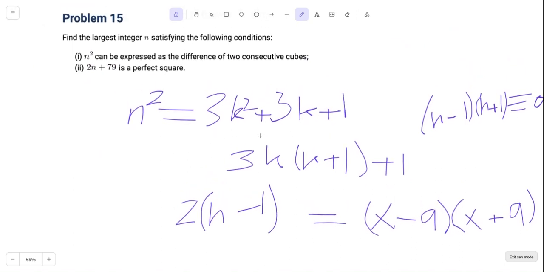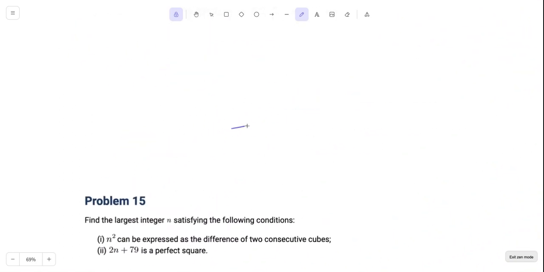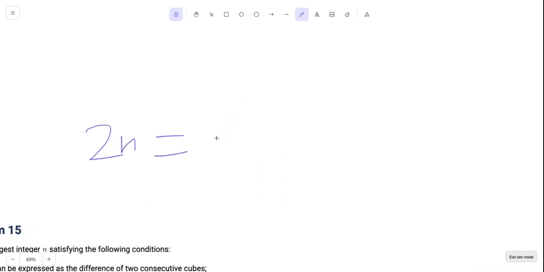We know n is 1 mod 6, and the second condition narrows it down further, does it? So we would have 2n equal x squared minus 79.